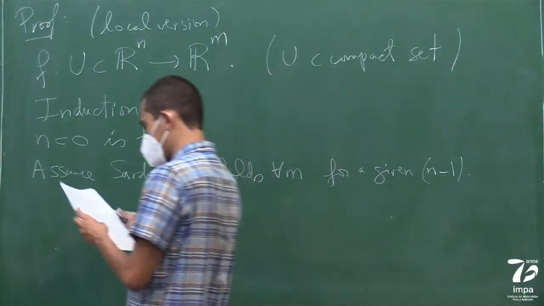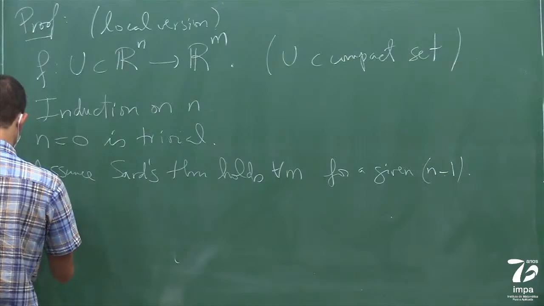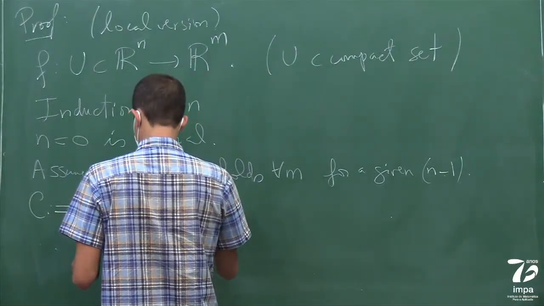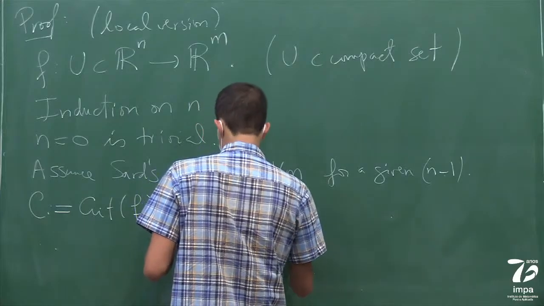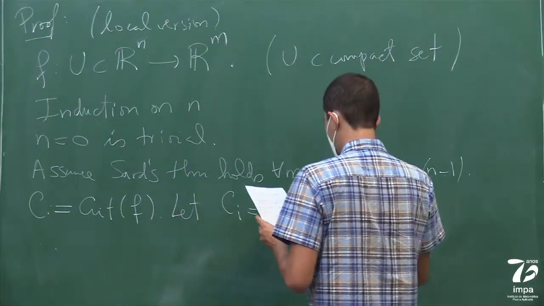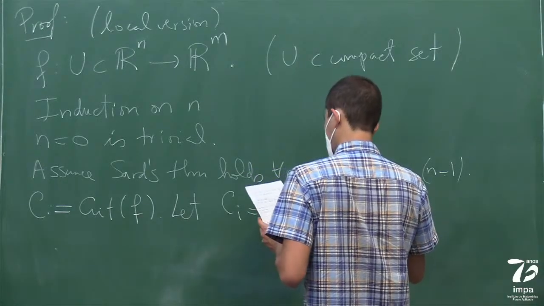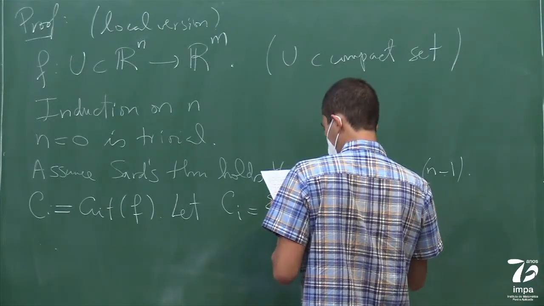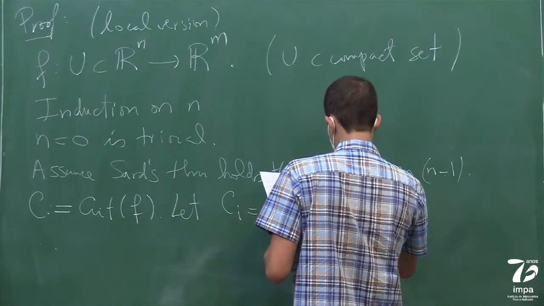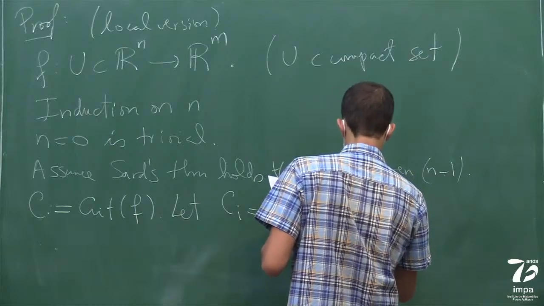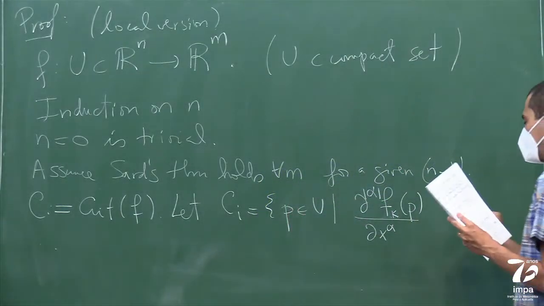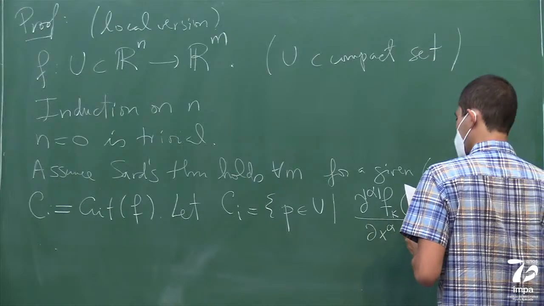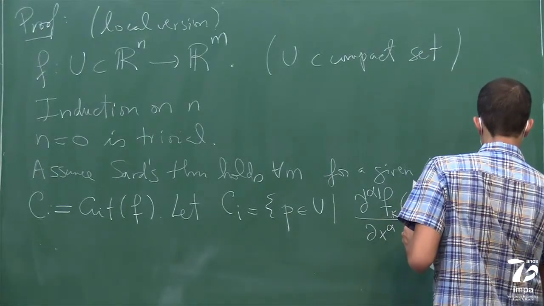Okay, so there are 3 steps. Well, let's write C, the set of critical points of F. And now I'm going to write Ci to be the set of P in U such that all the partial derivatives of F_k, d alpha over dx alpha, this is the multi-index notation, is equal to 0 for every multi-index of size between i and 0, and for k between m and 1.